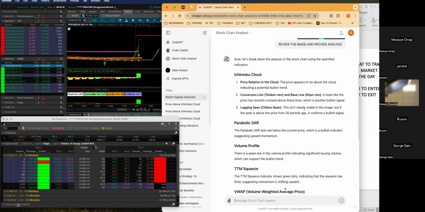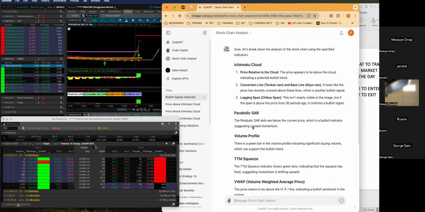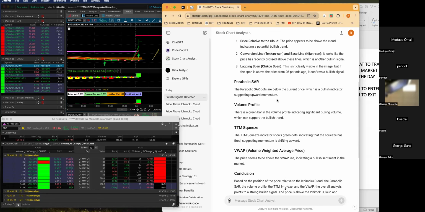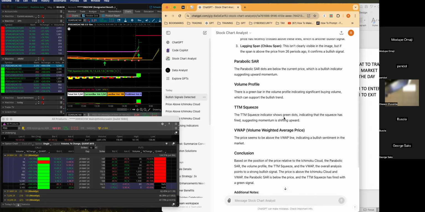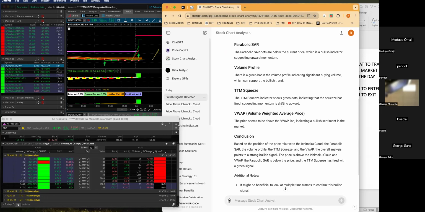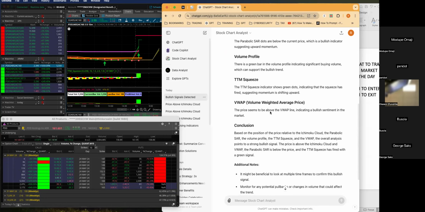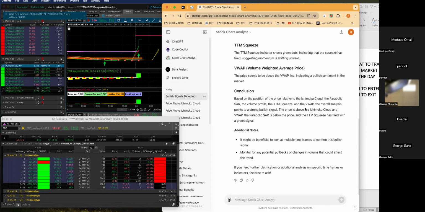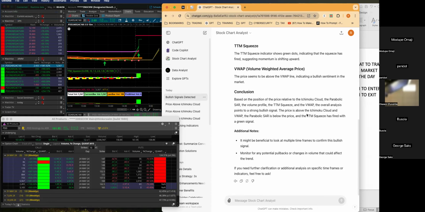Lagging span: this isn't clearly visible. Okay, that's fine. Parabolic SAR: the parabolic dots are below the current price, which is a bullish indicator, showing upward momentum. Volume profile: there's a green bar in the volume profile, showing significant buying volume, which can support the bullish trend. The TTM squeeze appears to show green dots, indicating that the squeeze has fired, suggesting a momentum shift. The price seems to be above the VWAP line, indicating bullish sentiment. Based on this, the position of the price to the Kumo, parabolic, volume profile, and so on. The price is above the Fibonacci cloud.